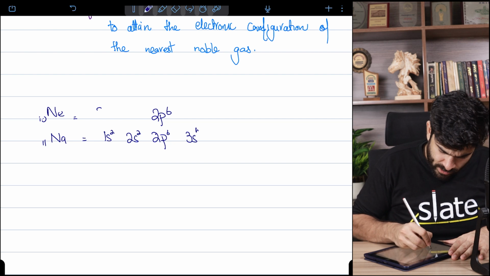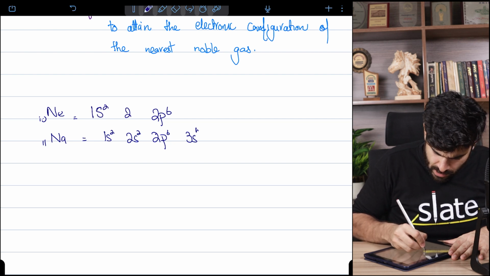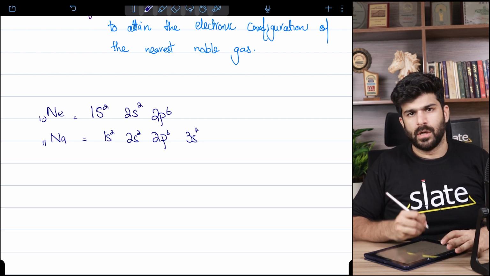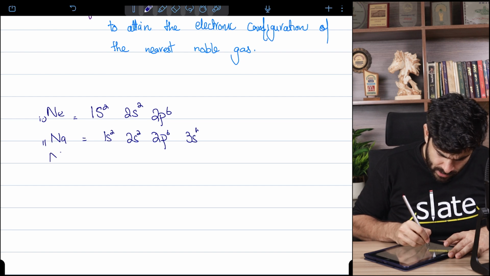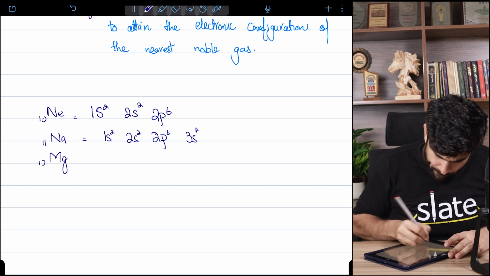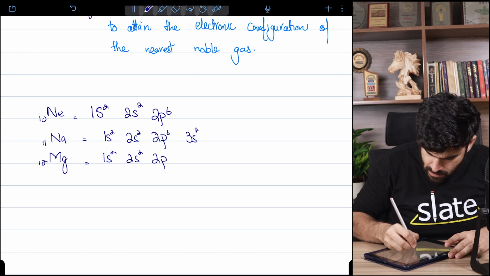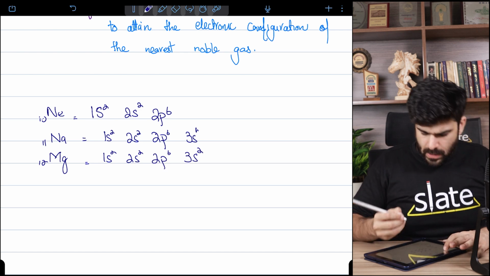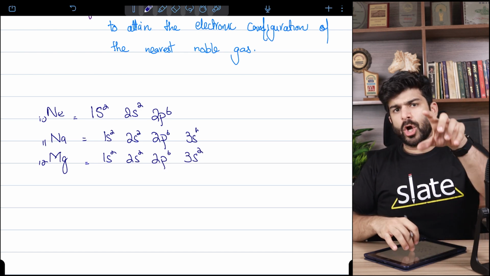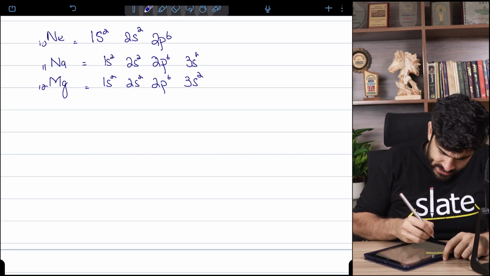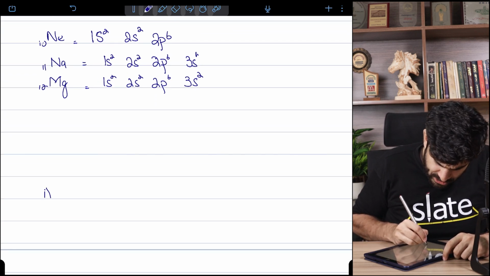So that was the electronic configuration of neon. Let's talk about magnesium there as well. And for a moment, let's talk about argon as well, which is in the same period as sodium and magnesium.